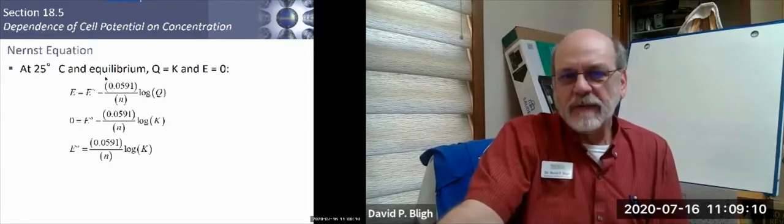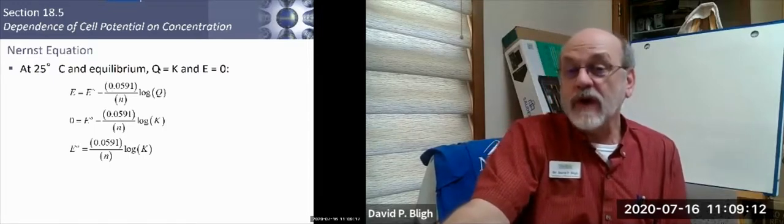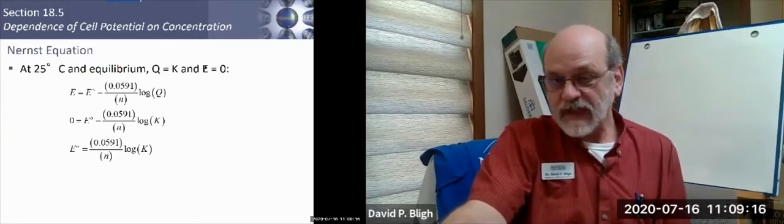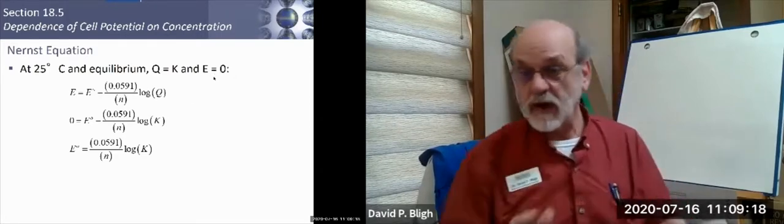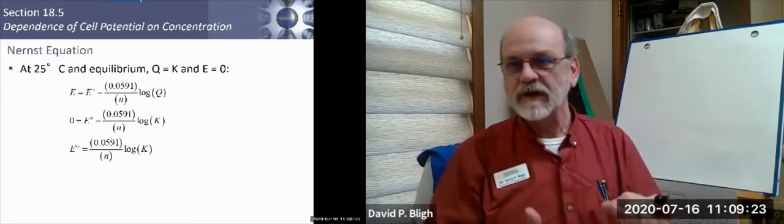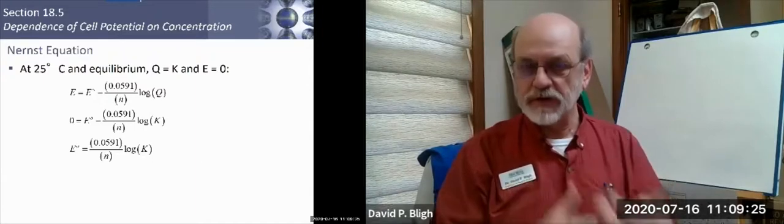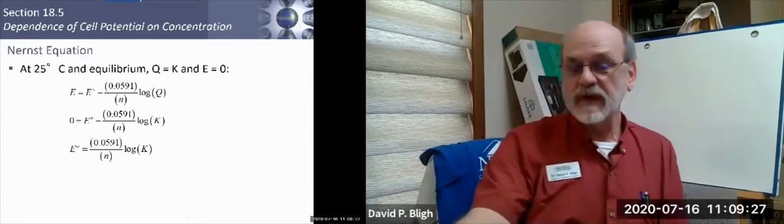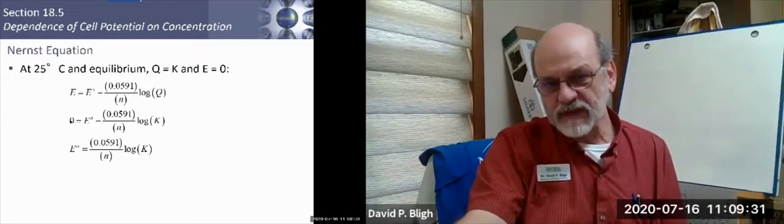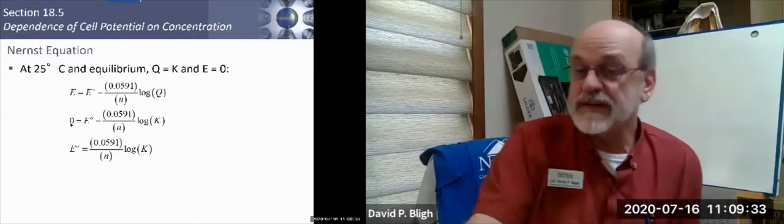So, what if we are at equilibrium? Then electric potential is zero, right? There's no driving force to produce an electrical potential. So if Q equals K, and we substitute K in here, that means the true voltage is equal to zero.